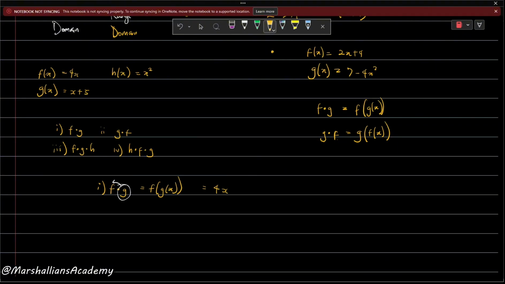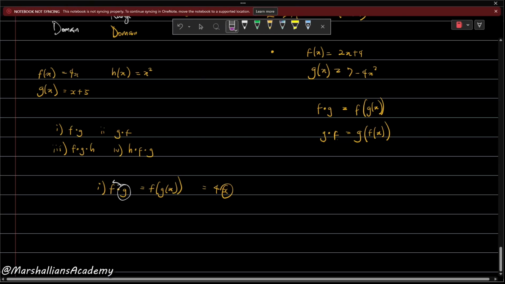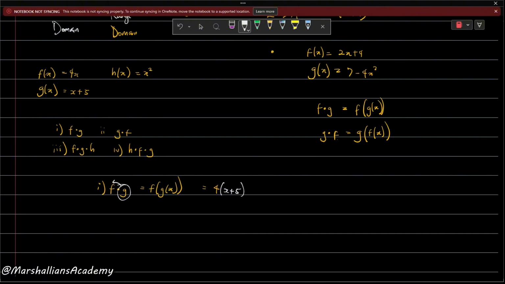That's f's function. Now, inside the x variable, I'm going to be putting in g's function, replacing all the x's with g's function. Now what is g's function? x plus 5. Look at it. This represents g's function inside f's function. And if we open the bracket, I'm going to be having 4x plus 20. So this is f of g.